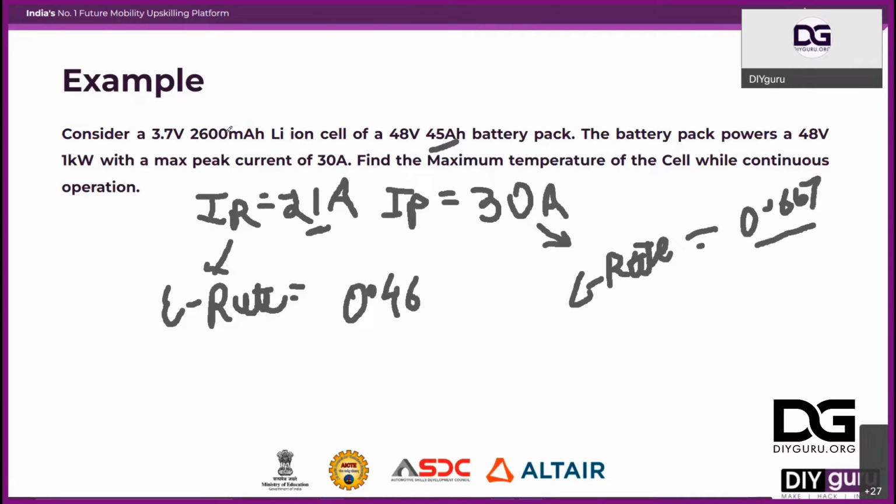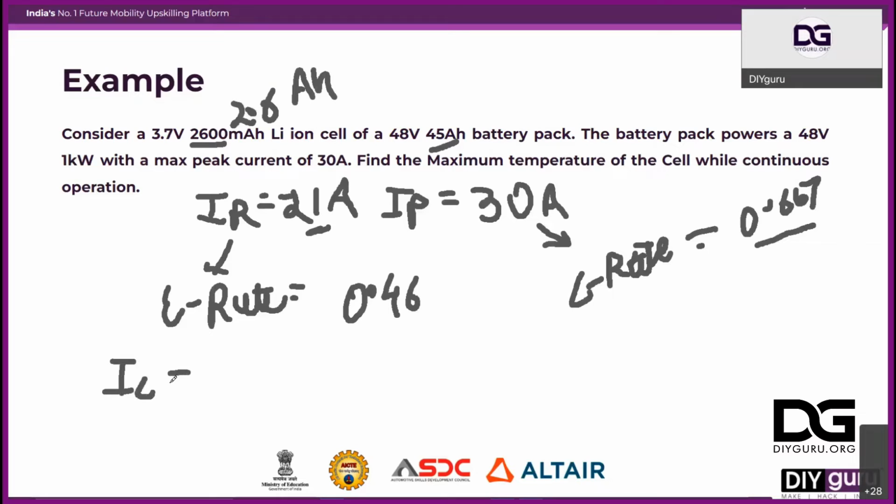So our cells will be working at such a C rate. The cell is 2600 mAh, which converted into amperes is 2.6 ampere hour. What current will be required? I take that as I cell.